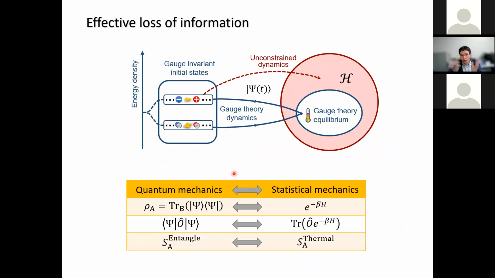So this shows us that this effective irreversible behavior could emerge out of quantum dynamics. Even if you have a closed quantum system with unitary evolution, which in principle admits no loss of information, the system would still develop a thermodynamic description at late times.